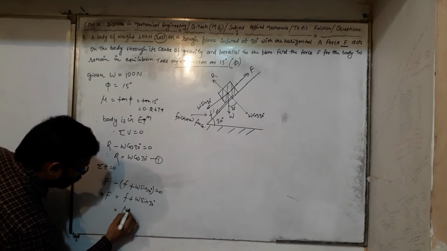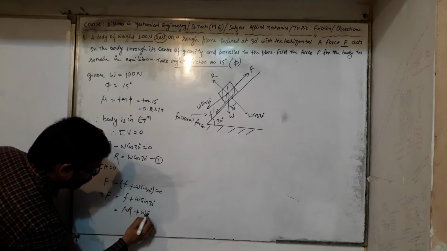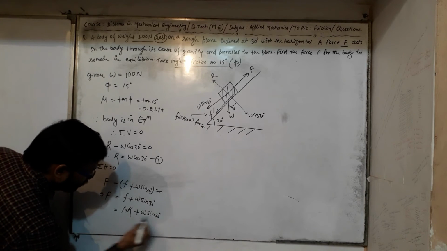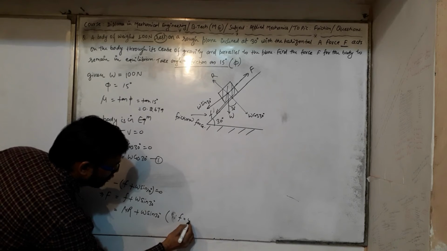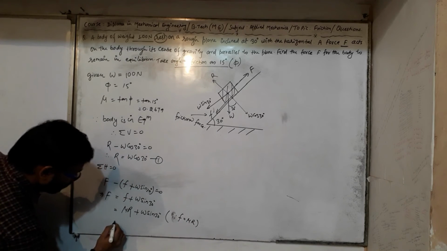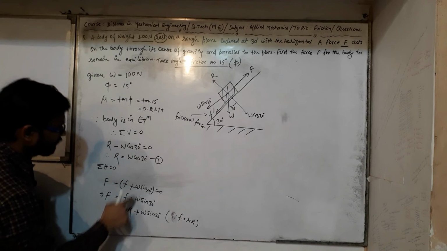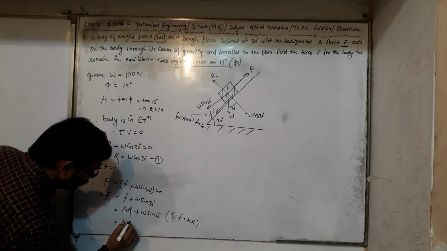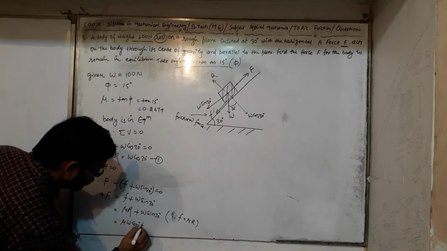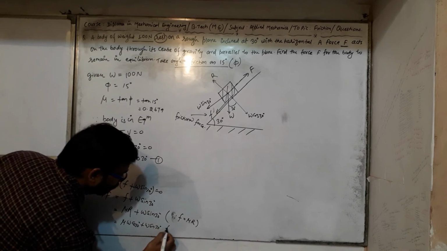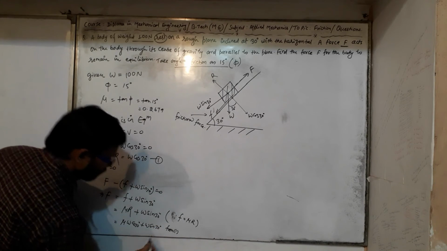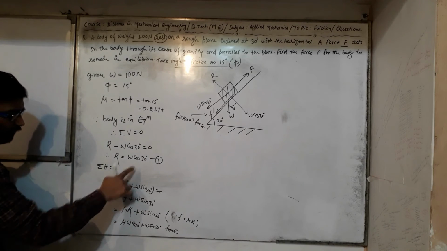Small f is nothing but mu times normal reaction, plus W sin 30 degree. Since frictional force is nothing but mu times normal reaction, and normal reaction is W cos 30 degree, this gives mu W cos 30 degree plus W sin 30 degree. This value we have got from equation 1.